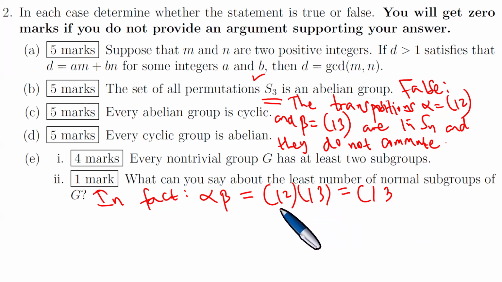But where does 3 go in the other cycle? Because we want to relate that. So 1 goes to 3, but 3 goes to itself in this particular cycle.